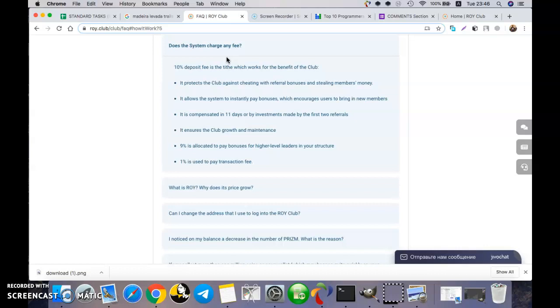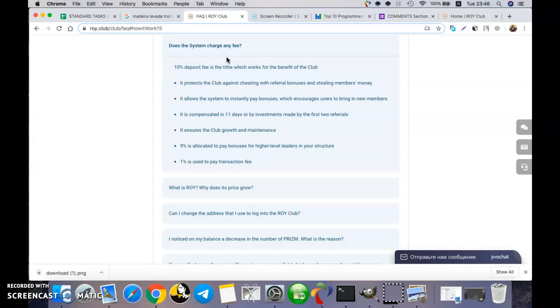So how is this 10% structured? How is it used? You might be wondering, okay, I have 100 prisms I deposit, so 10 prisms are off. What happens to those 10 prisms, right?